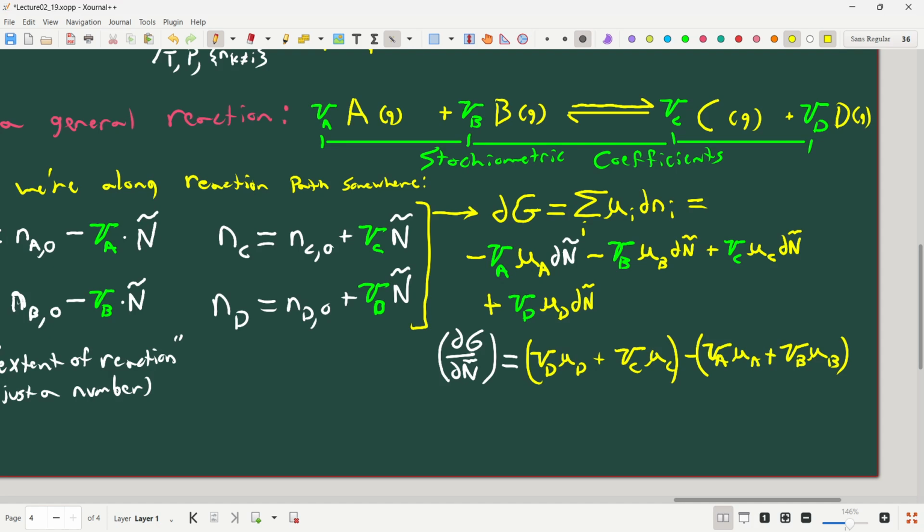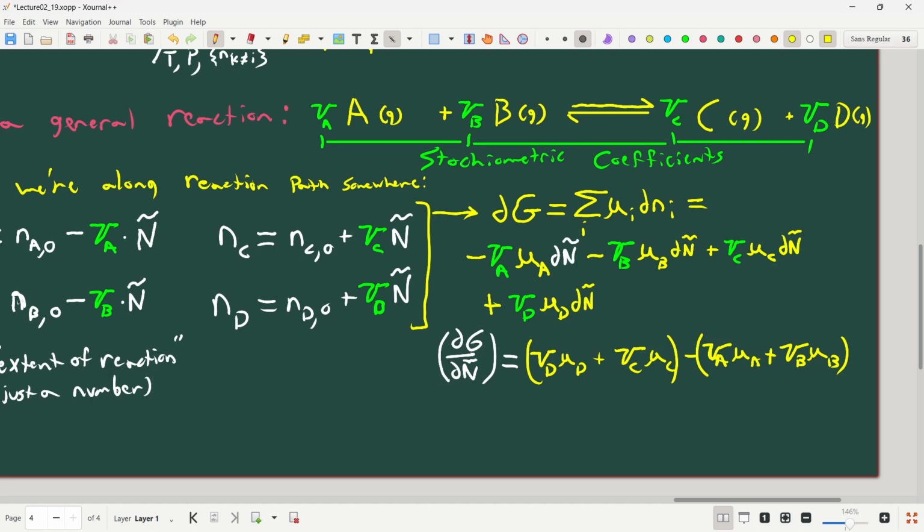That means every time the system clicks, which means you make A and B into C and D, if this is bigger, then the energy is going to go up. So that means we're too far. We want the energy to go down. So if we find that the chemical potentials of the products are larger than the chemical potentials of the reactants, then every time the reaction clicks forward, the energy is increasing, which means we've gone too far.